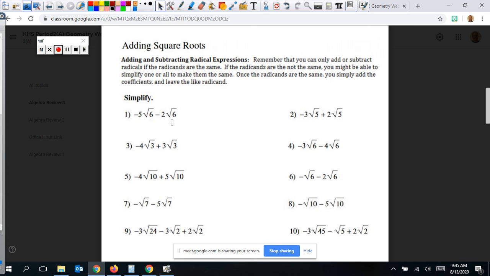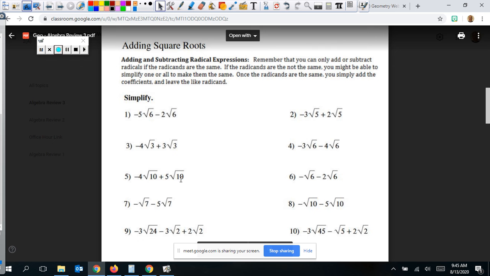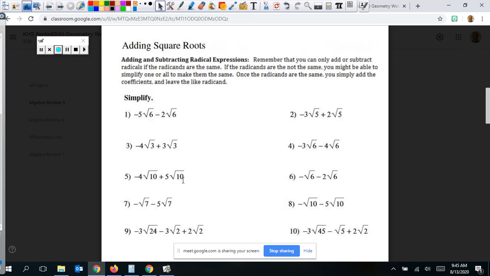So you can see right here, they're both square root of 6, so we can add these together. But if they're not the same, like we can see down here, a couple of them, like 24 and 2 are not the same, or 5 and 2 here are not the same, we cannot add or subtract those together. They would stay separate. We can maybe adjust them so that they can become the same. That's the only thing we can maybe do.